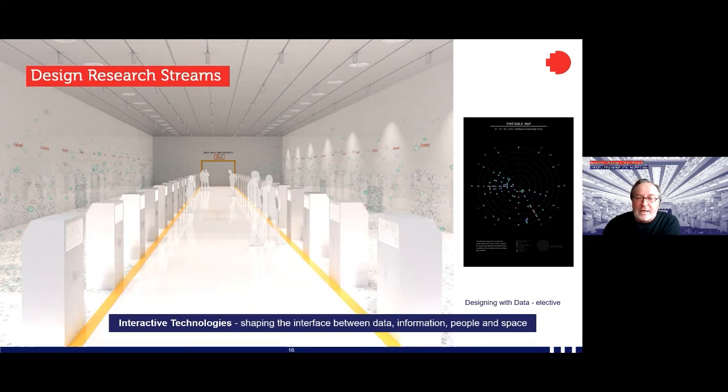This is the designing with data elective, where students look at how you start to express data in really interesting ways, how you find data, from big data to personal data, and all sorts of different data sources, and then how that gets expressed either graphically, through websites, through interfaces, or even through exhibitions. Next slide.